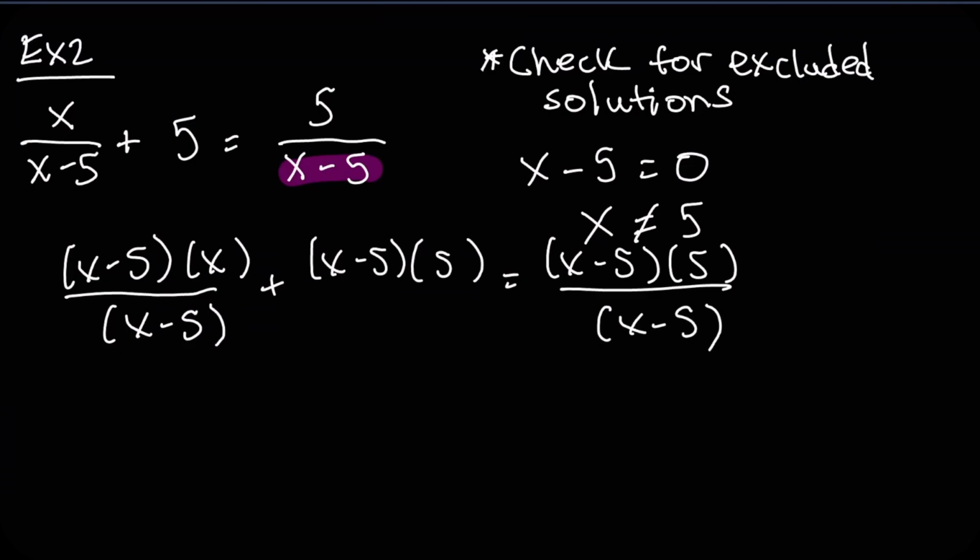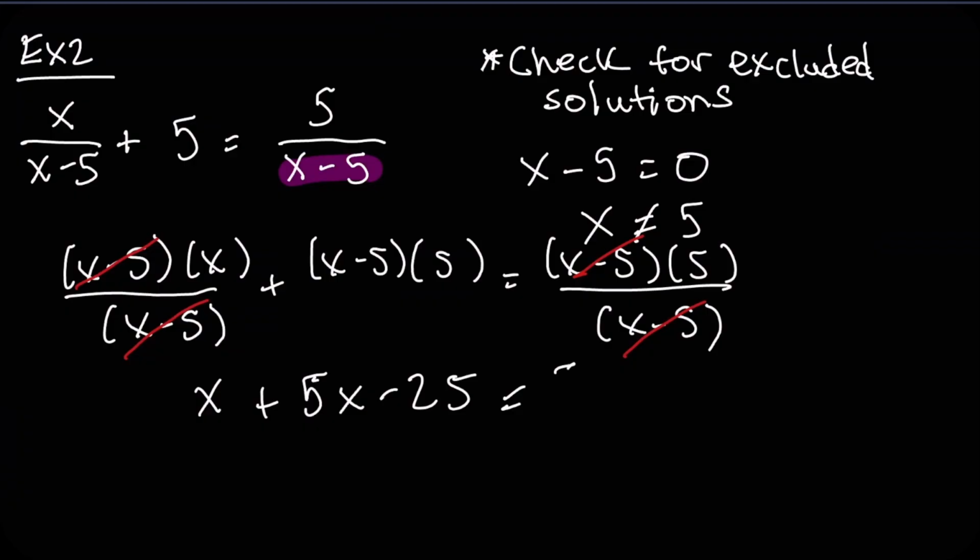So now go through and see what you can cancel out. For us, the x - 5s are going to cancel out there, and then the x - 5s will cancel out from here. So now reduce it. You'll have x + 5x - 25, and you'll set all of that equal to 5.